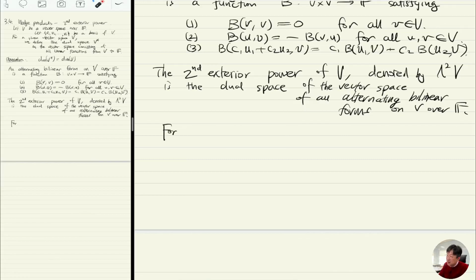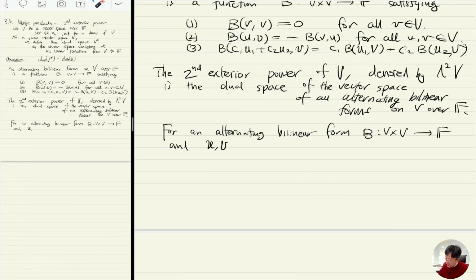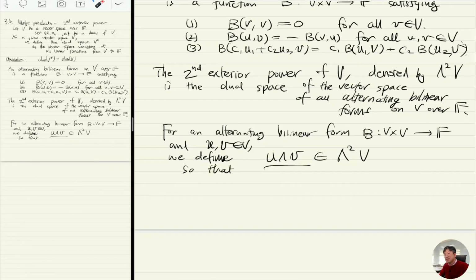So for an alternating bilinear form B from V times V to F, and u and v two vectors, we define u wedge v as follows. This is an element of the dual space of the vector space of alternating bilinear forms.